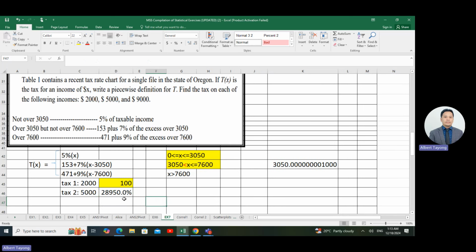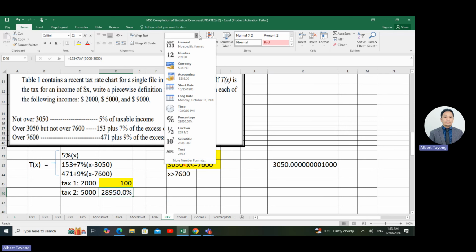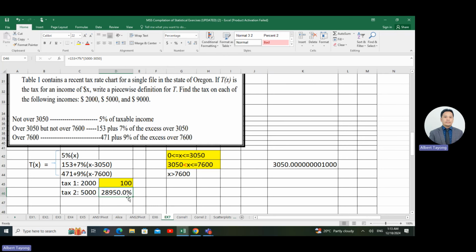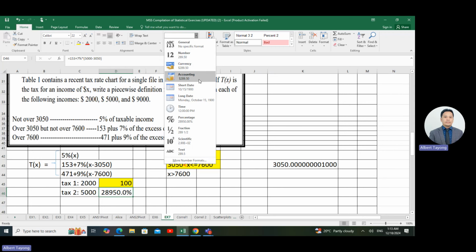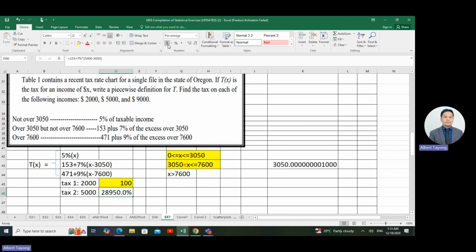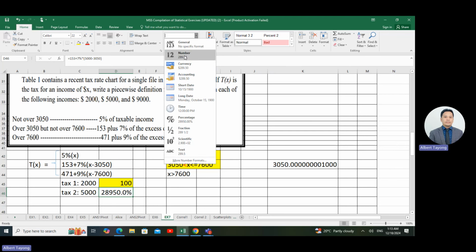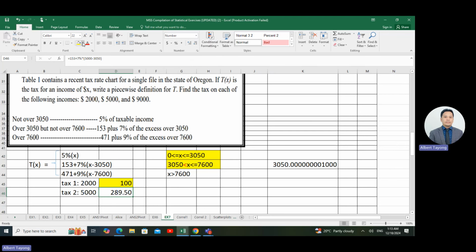Okay, see, here the answer becomes percent. Change this to number from here. Okay, this could happen anytime. The answer could be expressed in a date, for example, or short date, percentage. So you have to change to number from here. So 89.5.